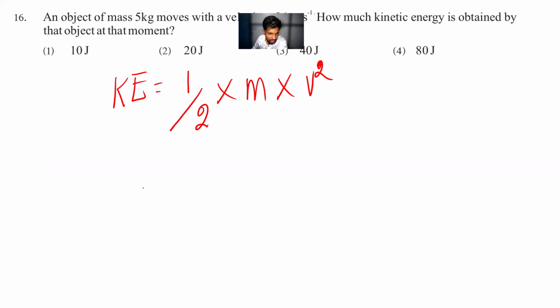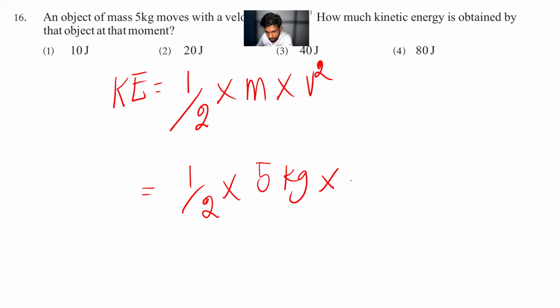Okay. Now we'll substitute the values. Half, they have given the mass, that is 5 kilograms, and velocity, that is 4 m s minus 1. But you know velocity squared means we want to multiply it two times.